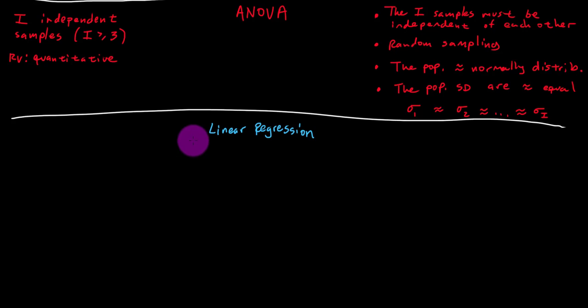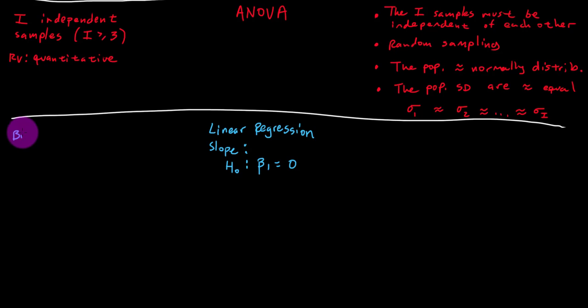And this was actually a hypothesis test regarding the slope, right? Where the null hypothesis is that there is no linear relationship between x and y. So this was a little different.